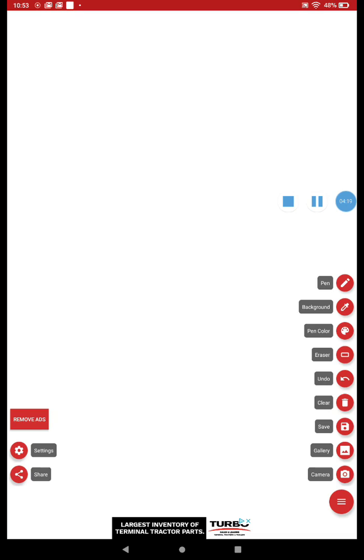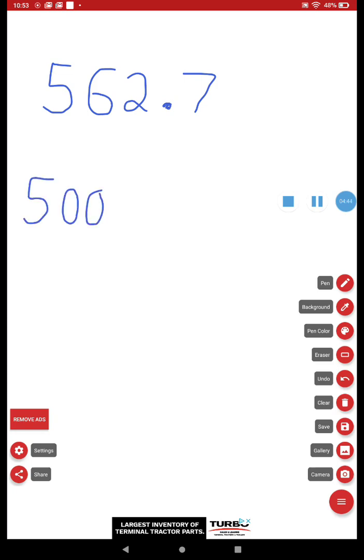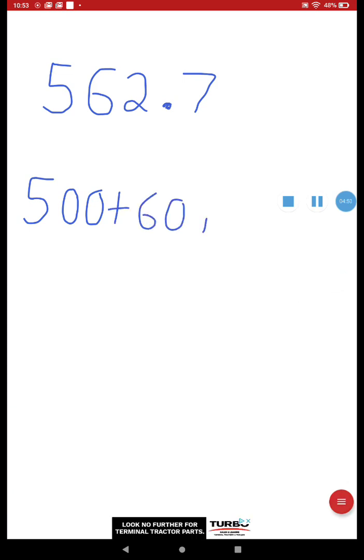All right, we also reviewed and learned about expanded form. Okay, so if I have a number 562 and it's supposed to be a decimal 7 tenths, expanded form, I'd write it as 500 plus 60 plus 2 plus 0 and 7/10.